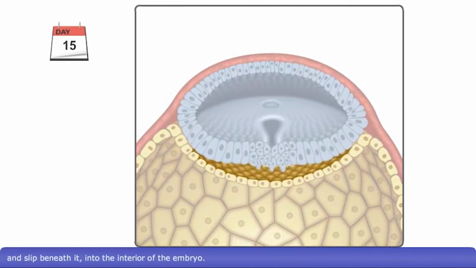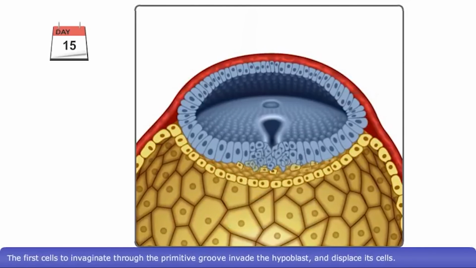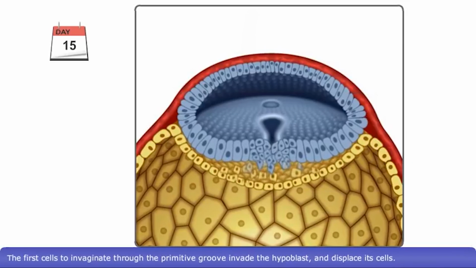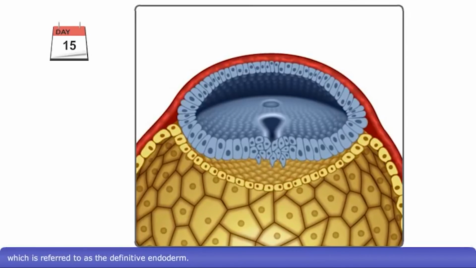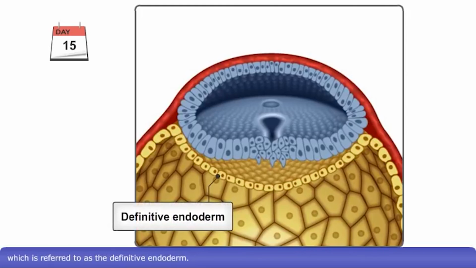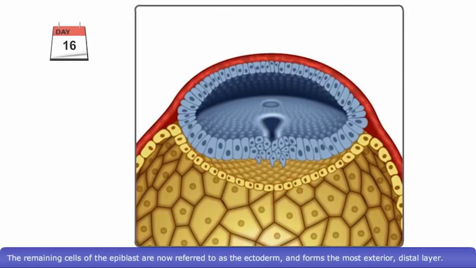The first cells to invaginate through the primitive groove invade the hypoblast and they will displace its cells. The hypoblast cells are eventually completely replaced and this will form a new definitive endodermal layer. By day 16, the majority of the hypoblast has been replaced and the remaining cells of the epiblast are now referred to as ectoderm, marked in blue, and it forms the exterior distal layer.